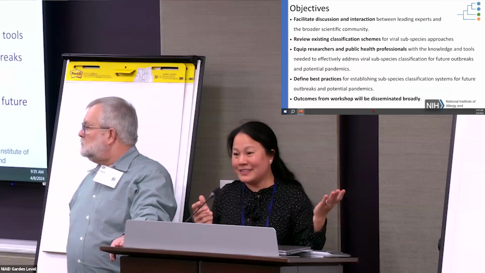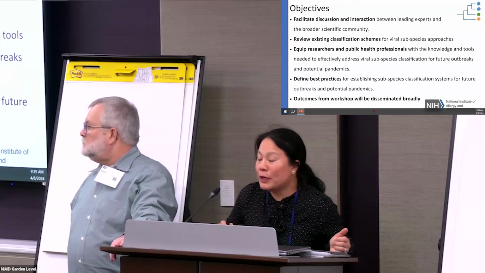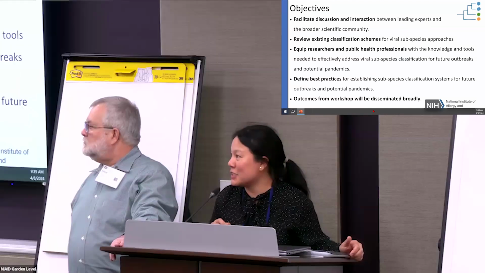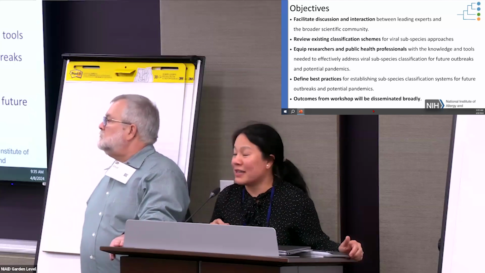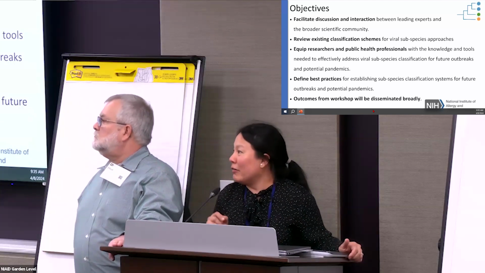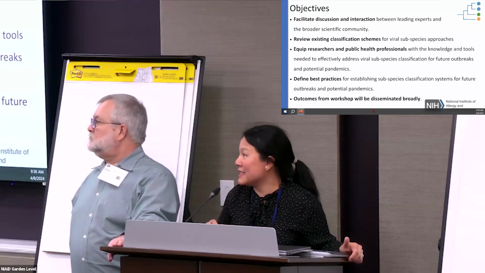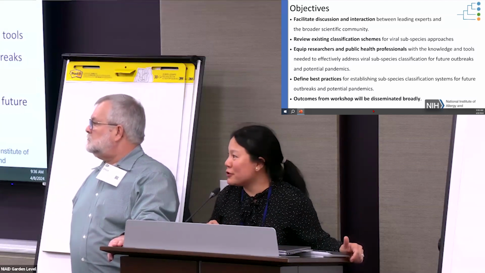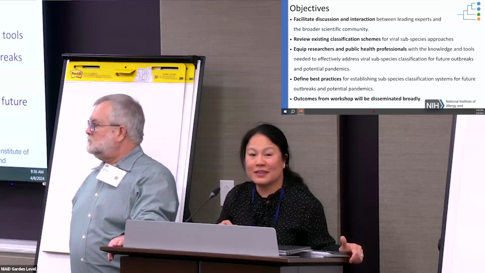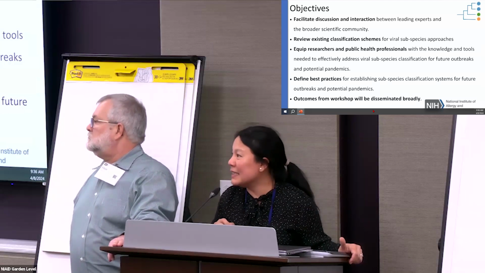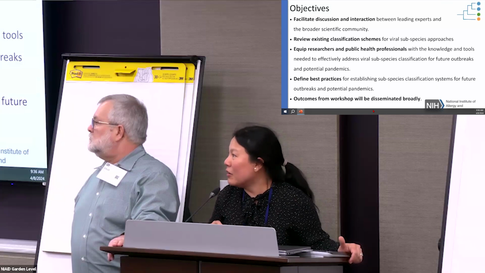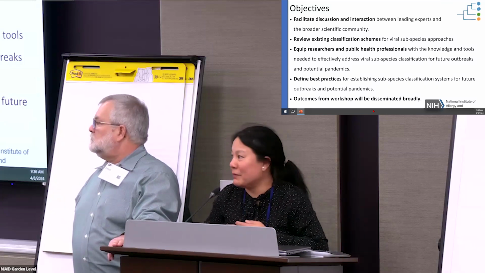And here are the objectives. We hope to facilitate discussion and interaction between the leading experts and the broader scientific community. Review existing classification schemes for viral subspecies approaches, and equip researchers and public health professionals with the knowledge and tools needed to effectively address viral subspecies classification for future outbreaks and potential pandemics.